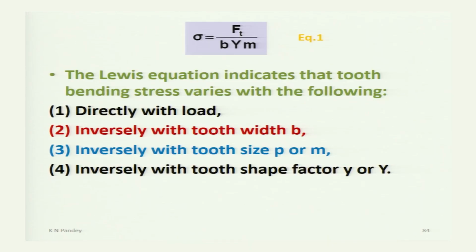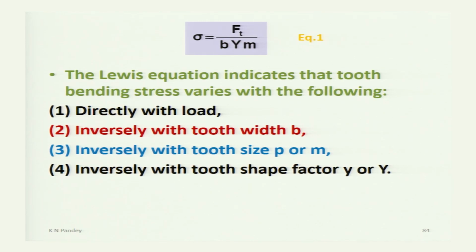So your Lewis bending stress equation is given by the transmitted load Wt divided by the tooth width, which is given here as b, the Lewis form factor Y and the module m.